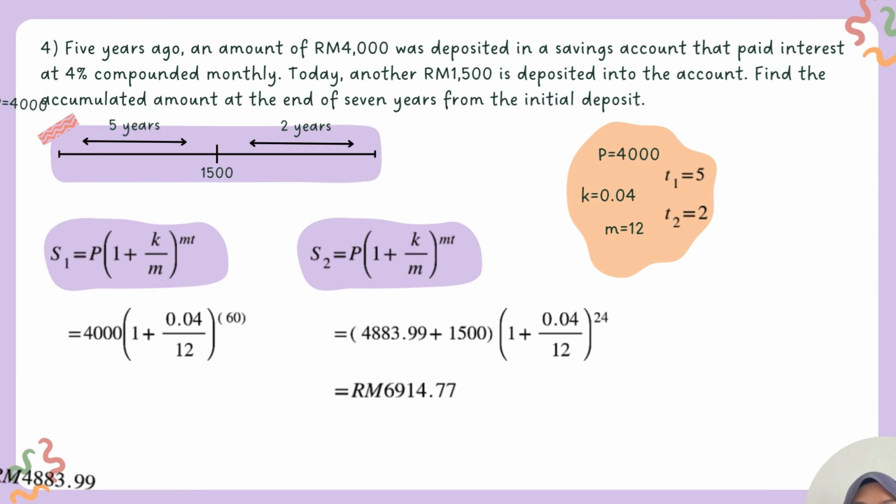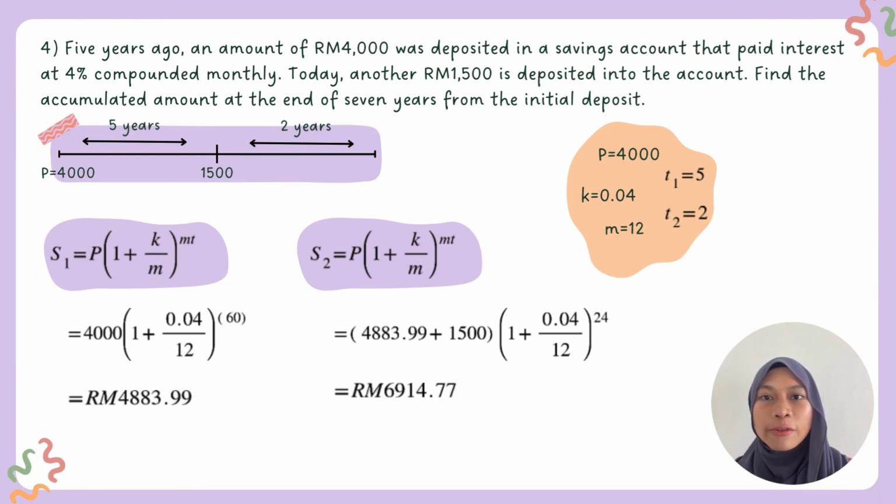Moving to question 4. 5 years ago, an amount of 4,000 was deposited in a savings account that paid interest at 4% compounded monthly. Today, another 1,500 is deposited into the account. Find the accumulated amount at the end of 7 years from the initial deposit. So, first, we need to use this formula: S = P(1 + K/M)^(MT).